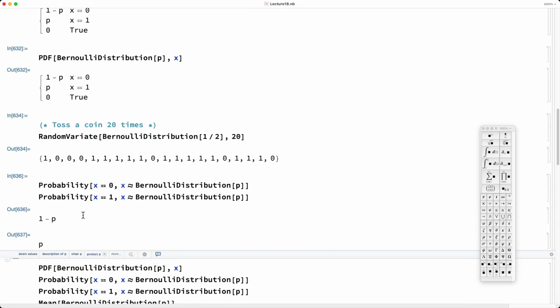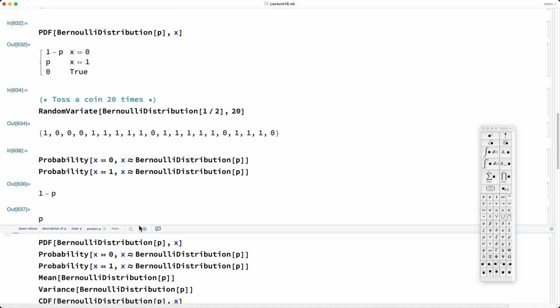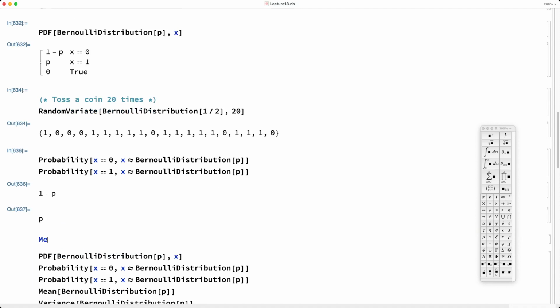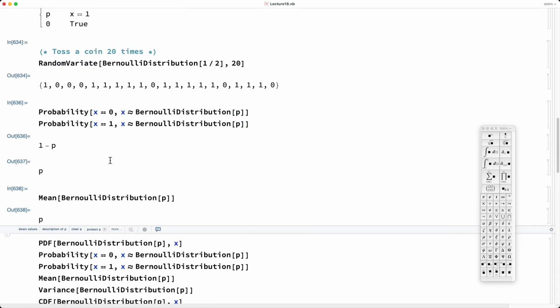So Mathematica can calculate probabilities for you from distributions, but we can also do this calculation explicitly, and we will show how. We can also ask for the mean of the Bernoulli distribution, for example, and the mean is p.